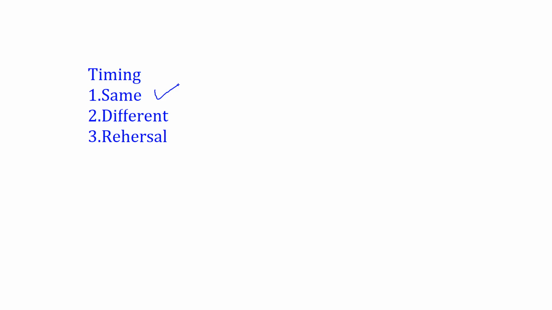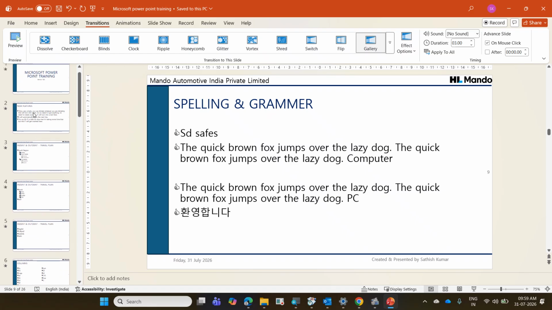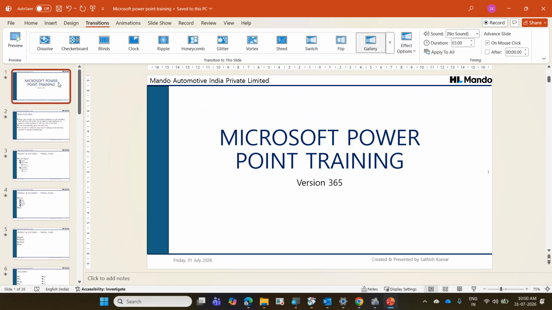As usual, select any one of the slides. Let me select the first slide. Go to the first slide. Go to the transition again. Under the transition, in the advance slide section, you can see on mouse click, that is already selected. Instead of on mouse click, there is an option called after.